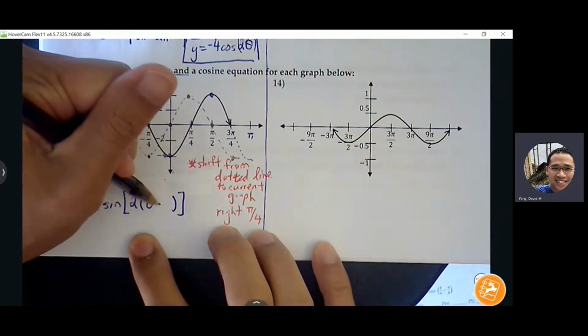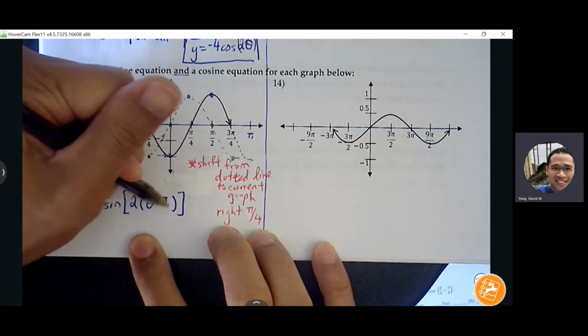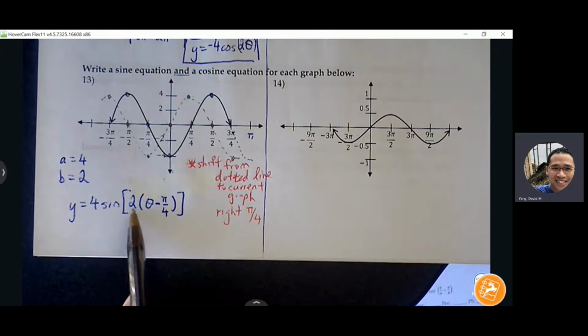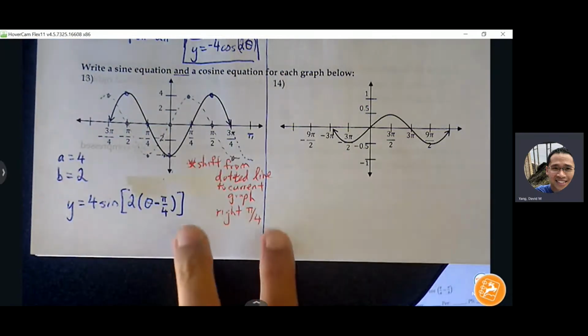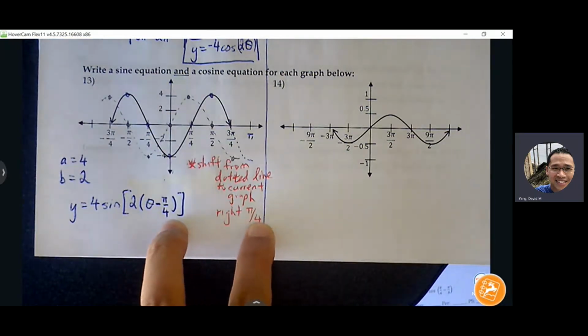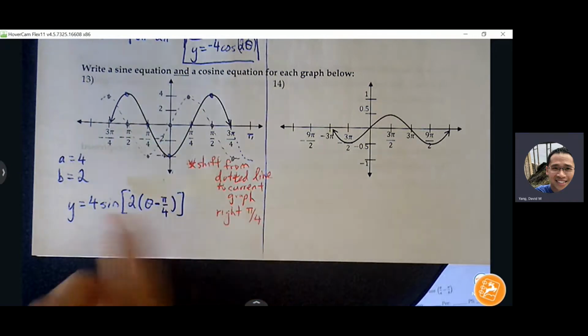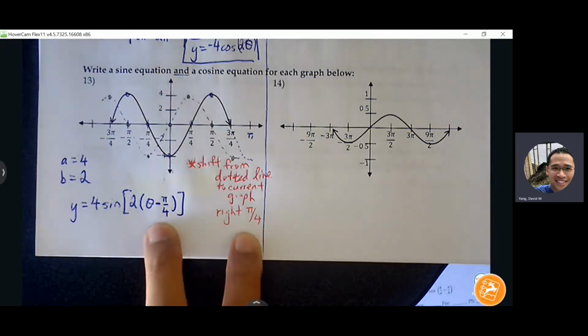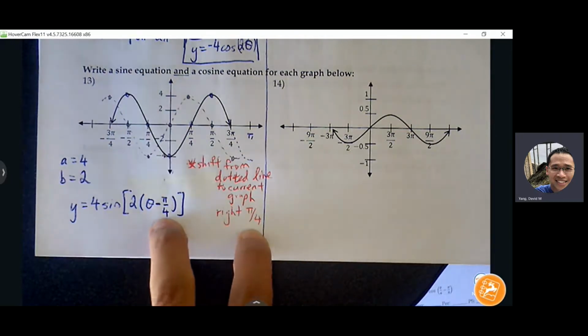So minus pi over 4. The reason why we don't have to do anything with that adjustment with our b values is because this is exactly the way that we want it to be. If we were starting with something that's unfactored and trying to get the factored form, that's the only time you have to make an adjustment. But here, if we're building the graph the way that we want it to, we can just fill that in with exactly what we were hoping for.